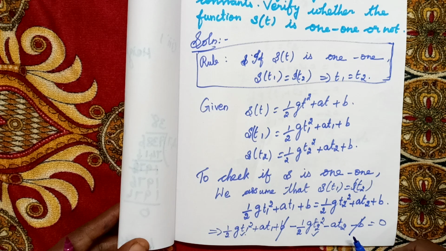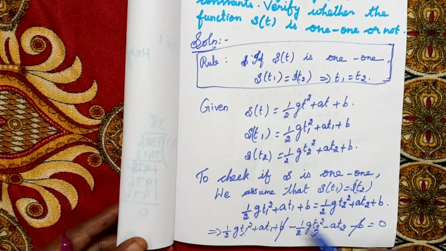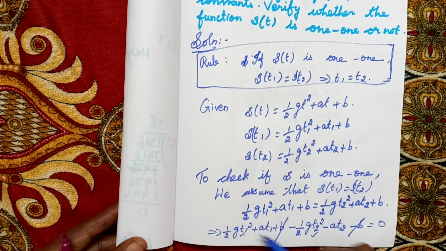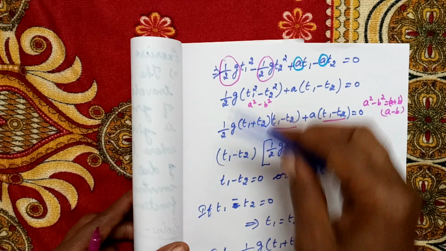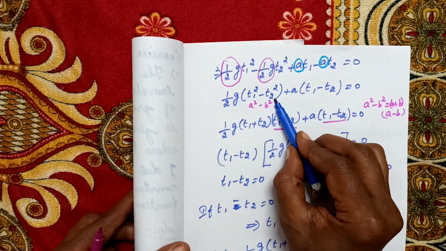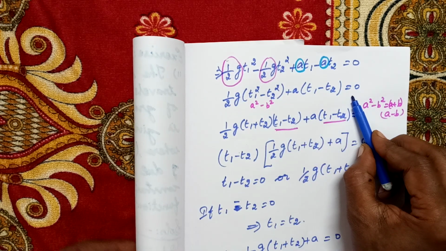Taking everything to the left-hand side: ½g t1², ½g t2², here ½g is common; a t1 minus a t2, here a is common. The common terms I am taking together. So ½g into (t1² minus t2²) plus a into (t1 minus t2) is equal to 0.